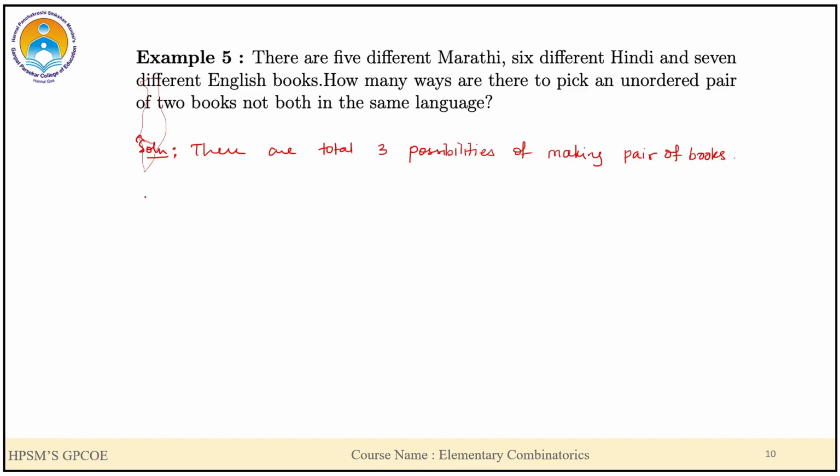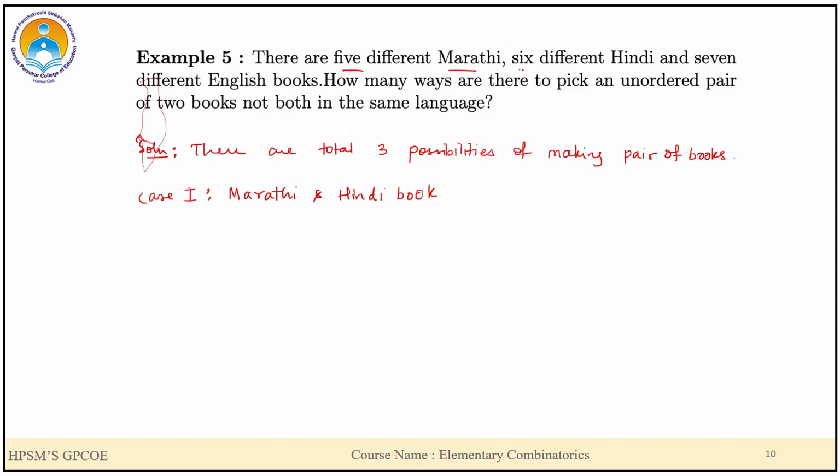Now the first case, case 1, is you can make a pair of Marathi and Hindi book. Okay, now look at this here. You have Marathi 5 different books, right?